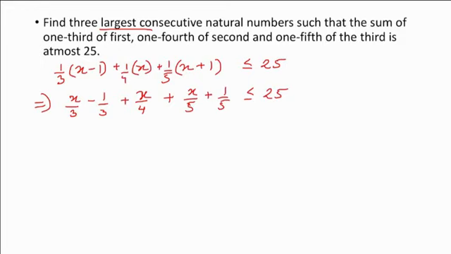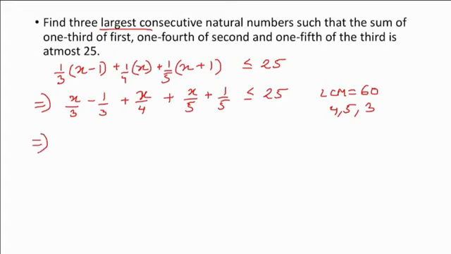So we learned the rule that whenever we have fractions in our inequation, we need to remove the fraction by multiplying both sides of this inequation with the LCM of the fractions. So here the LCM would be 60. So we'll multiply both sides with 60, because the LCM of 4, 5, and 3 is equal to 60.